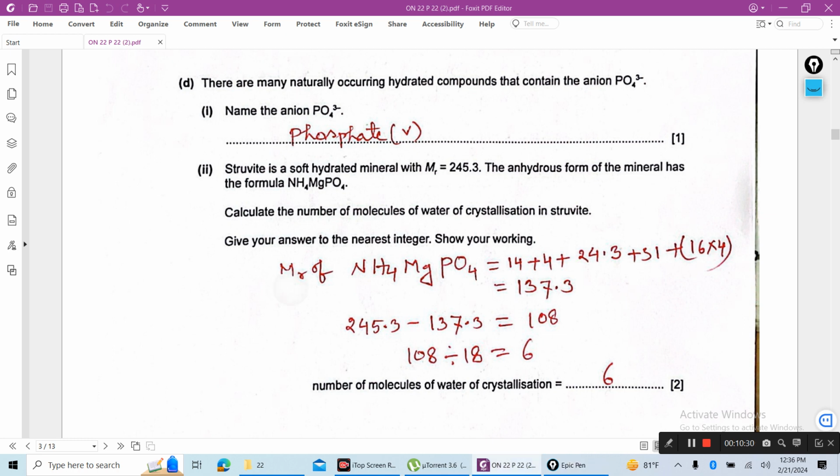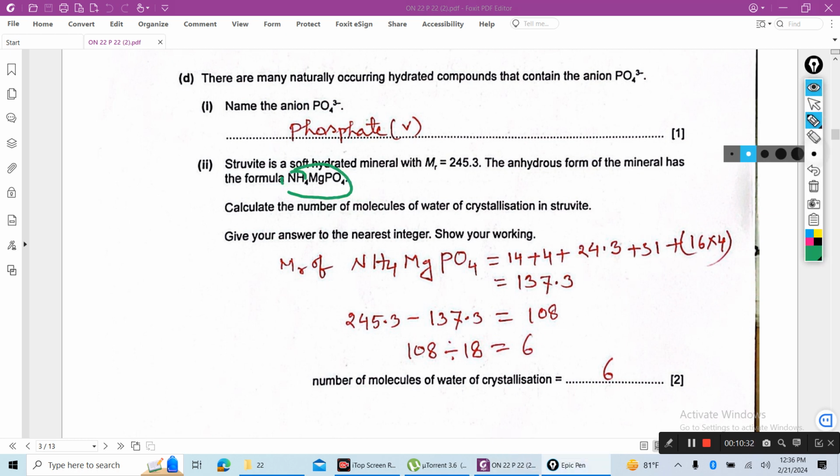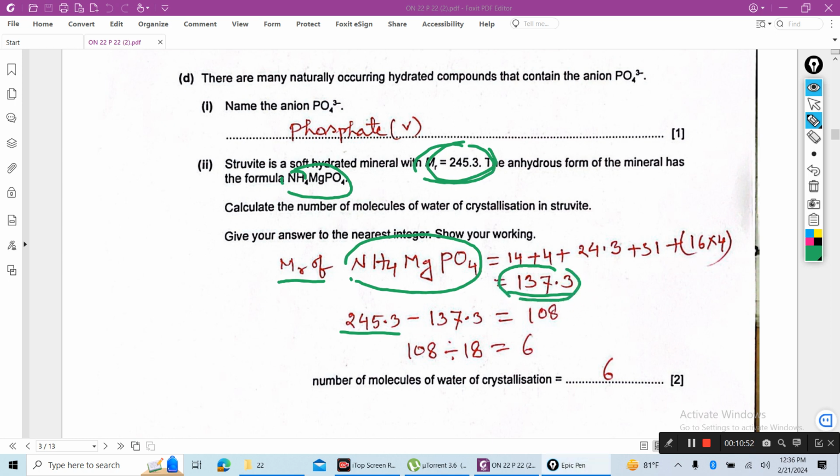So the mass of water will be total hydrated mass minus anhydrous mineral mass, so mass of water will be 108 gram.